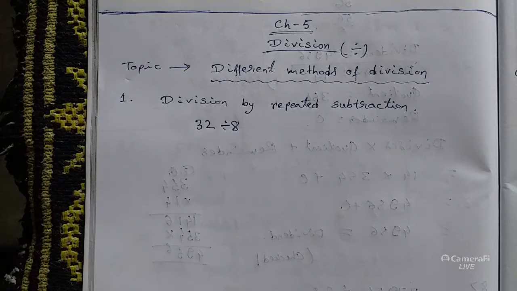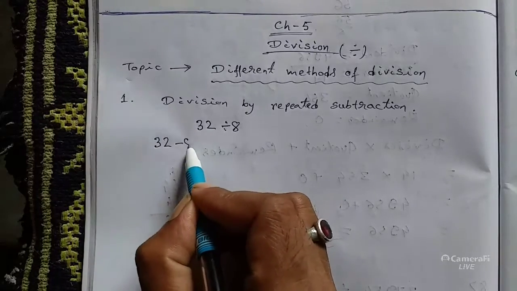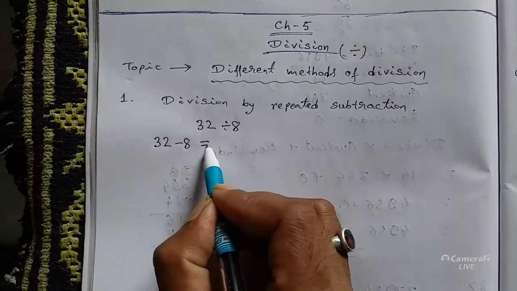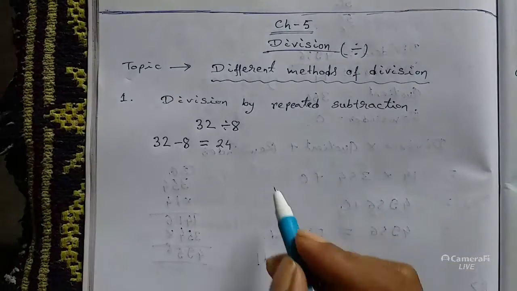What is this method? We will always take out 8 things out of 32 first, and then again take out 8 things from the remaining ones. In this way proceed until we get 0. Let us see. 32, let us first take out 8. Then 32 minus 8, we get 24.